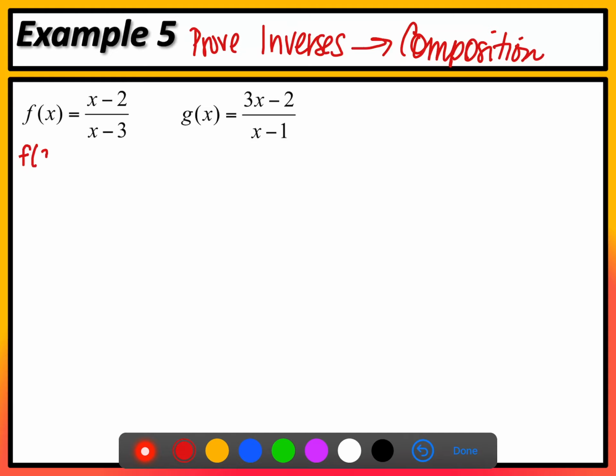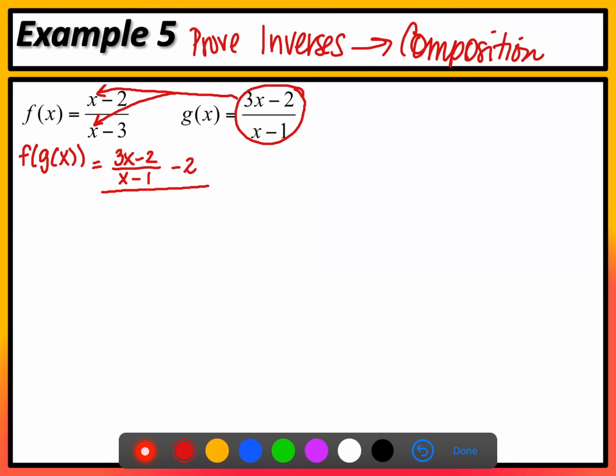Okay, so we'll start with f of g of x. All right, so I'm going to take this guy and I'm going to be plugging it in to f. So that's in the numerator.